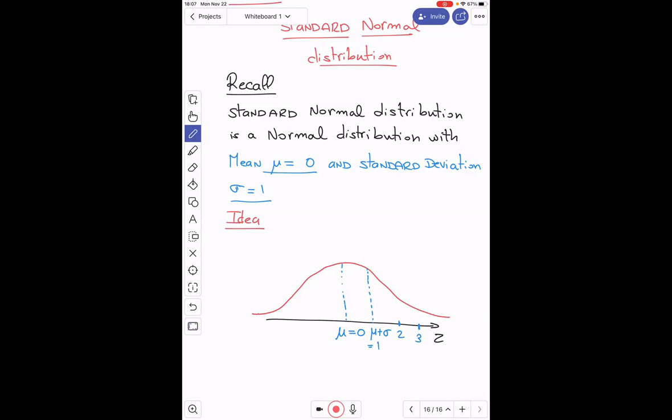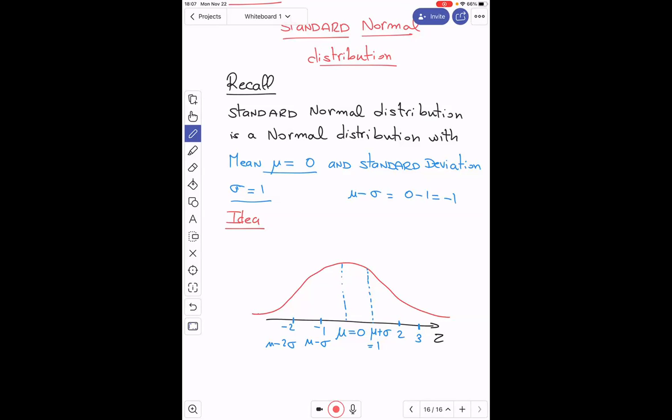Now, if you subtract, mu minus sigma is 0 minus 1, so that's negative 1. Negative 2 is mu minus 2 sigma, etc.